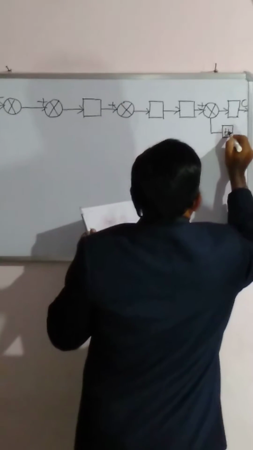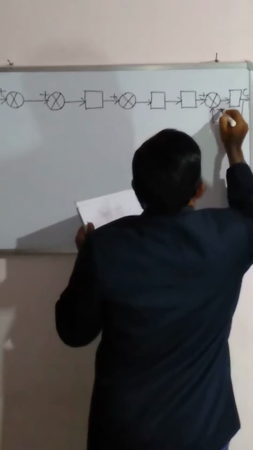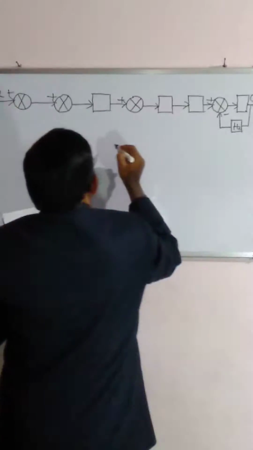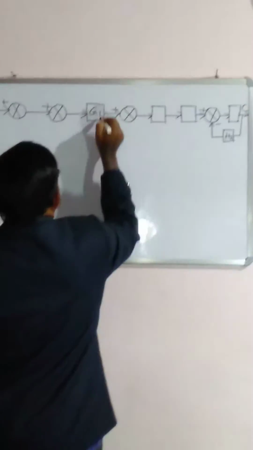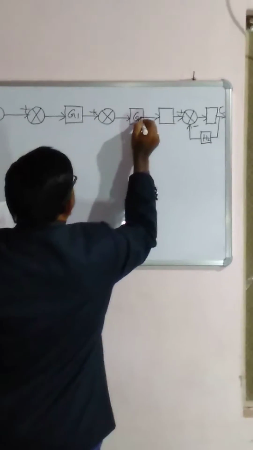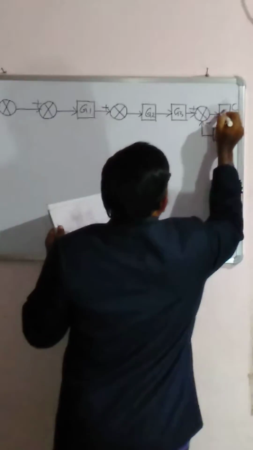This is H2 and this is minus G2, and this is your G1, G2, G3, and this is your G4.